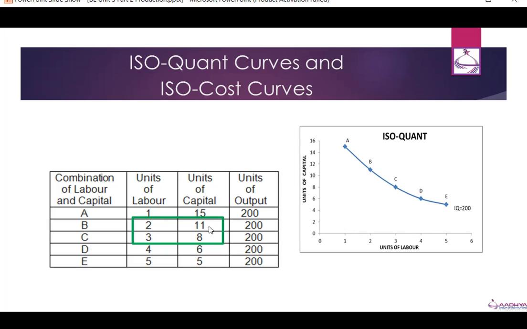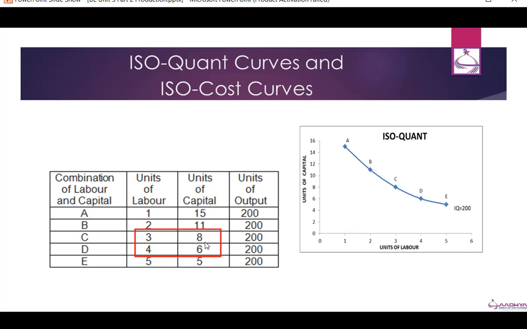So one extra worker is doing the same work as 3 units of capital at point C, compared to B, where you are now using less capital and more labor. Now when you move on the same isoquant, still producing 200 units of output, and use one extra worker, from 3 to 4 units of labor, you have to reduce units of capital from 8 to 6.